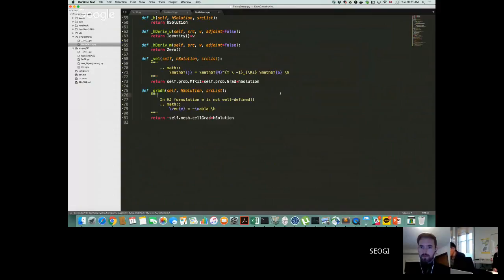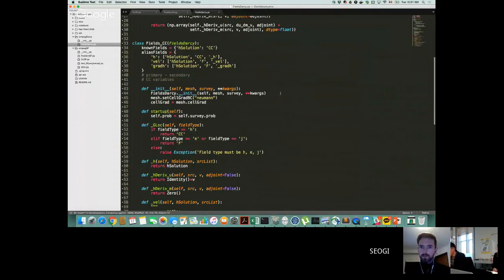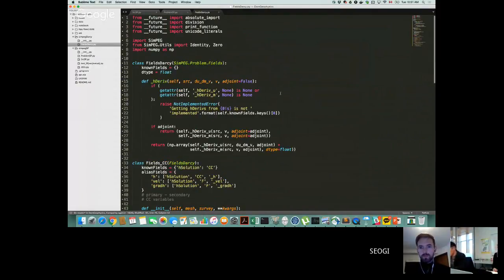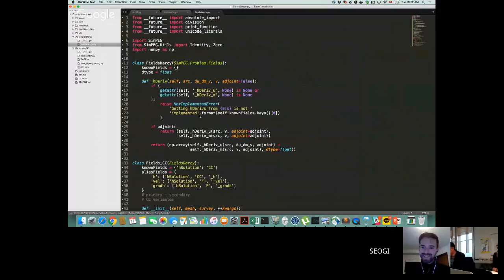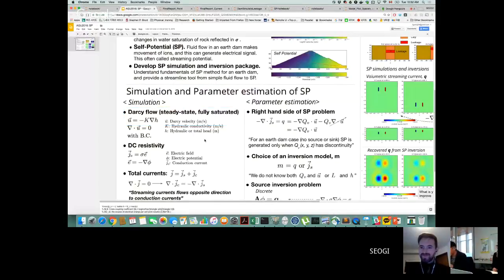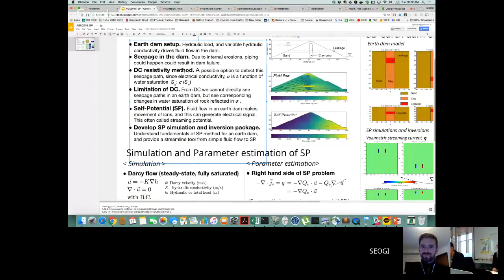I hope I could have a little more time to implement a non-linear hydraulic conductivity, so I can still do steady state but do some Jacobi iteration or something, so that I'm not assuming but actually solving for the problem. But yeah, it didn't happen. Maybe at one point. Yeah, good.